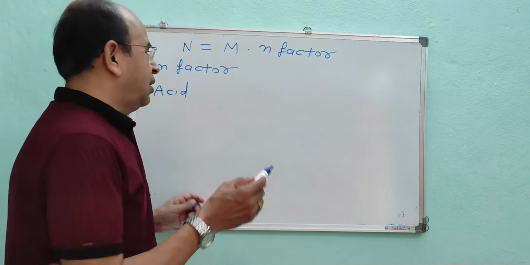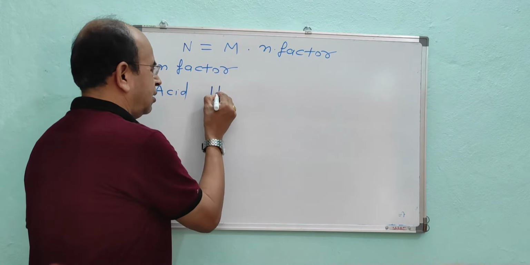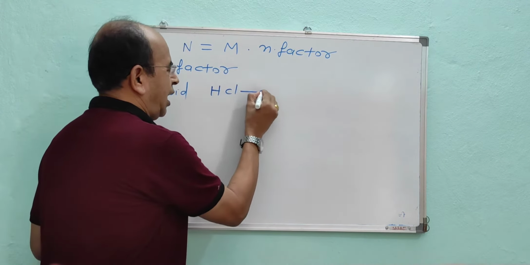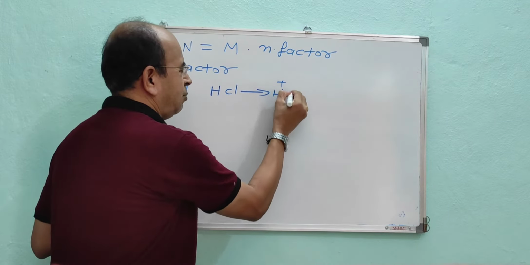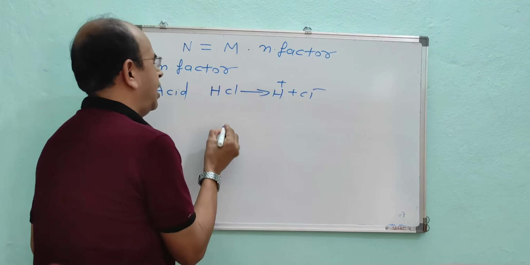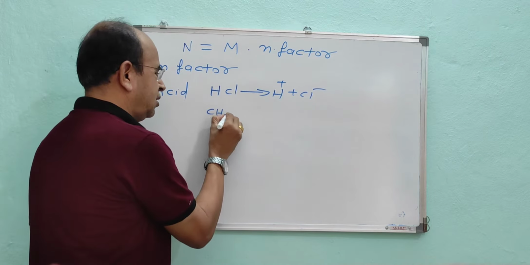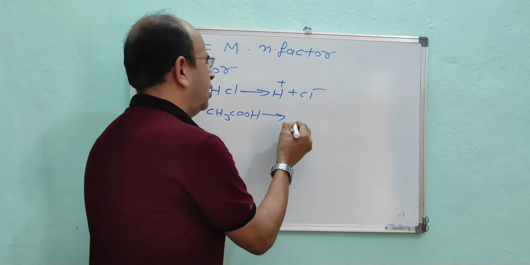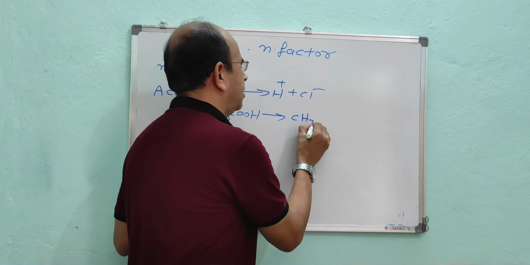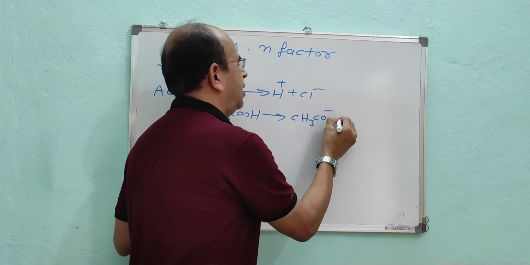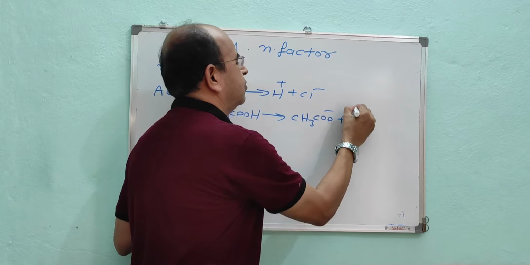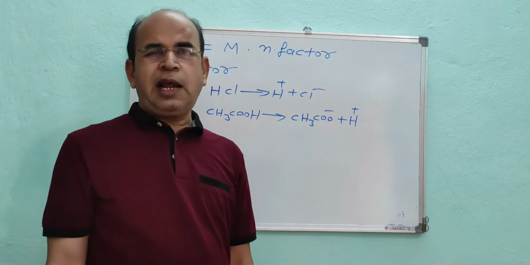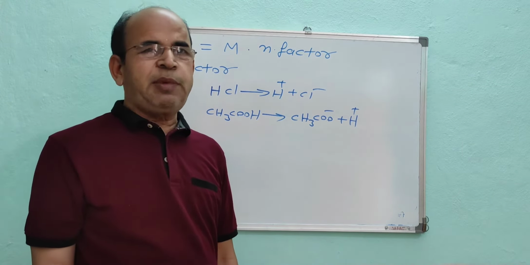See the example. HCl ionizes to give hydrogen ion plus Cl ion. Acetic acid, CH3COOH, ionizes to produce acetate ion and hydrogen ion. So they produce one hydrogen ion. What is the N factor for this?